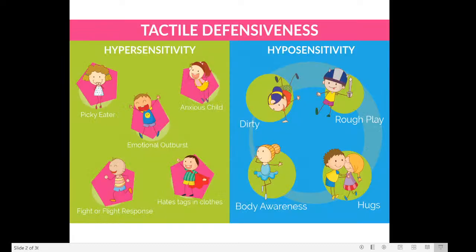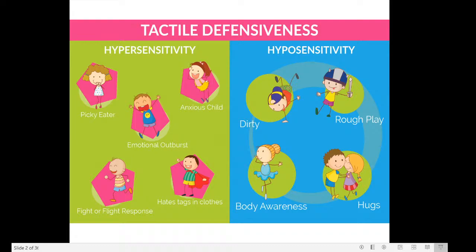Okay, first let us see our sensory system in animal physiology. Based on our sense organs, there are some different activities.